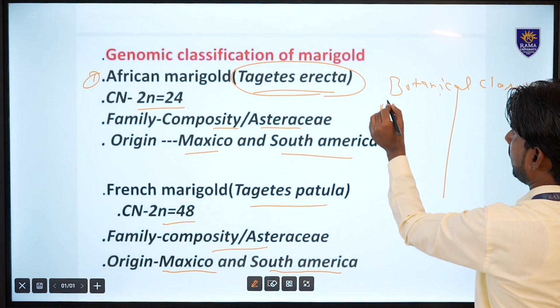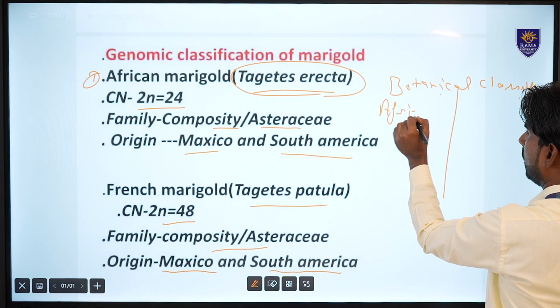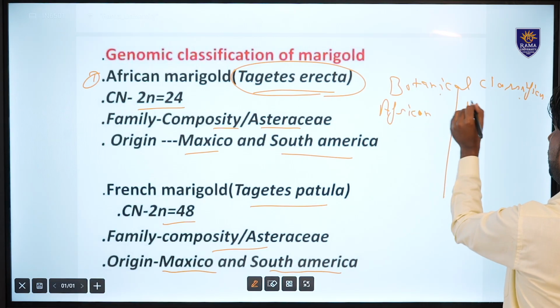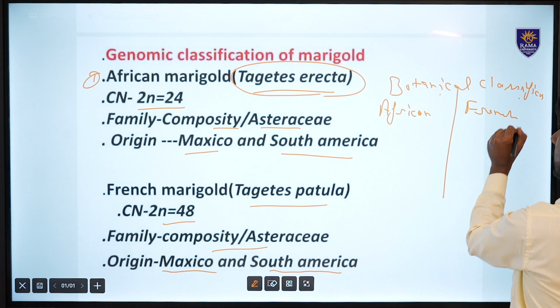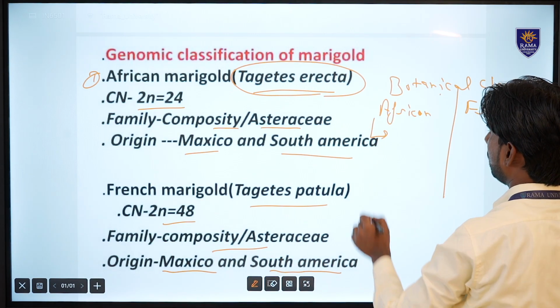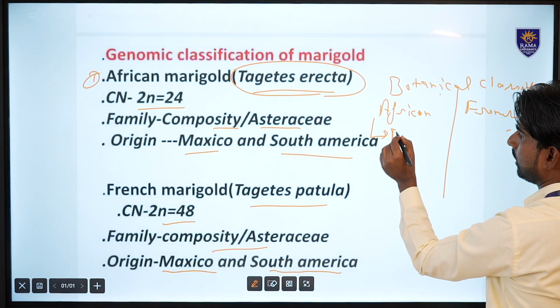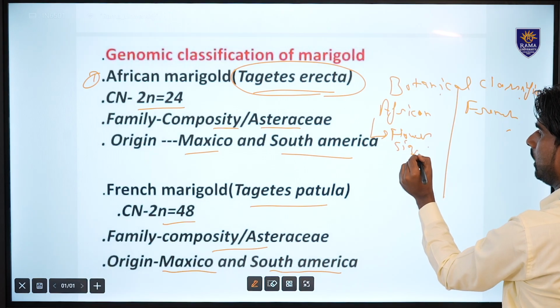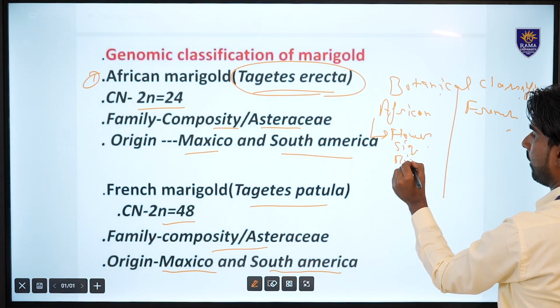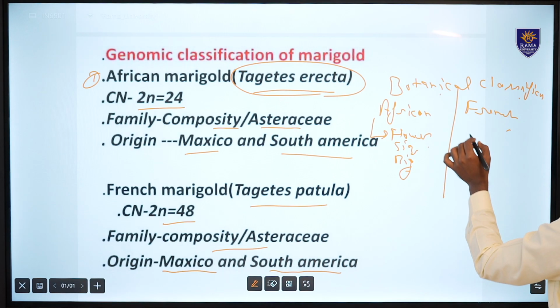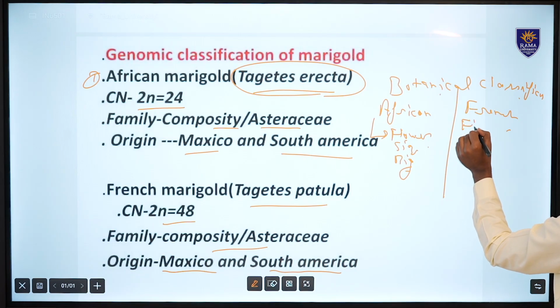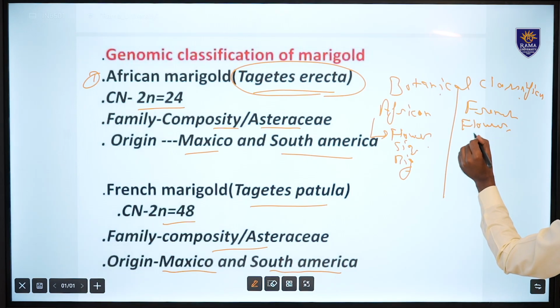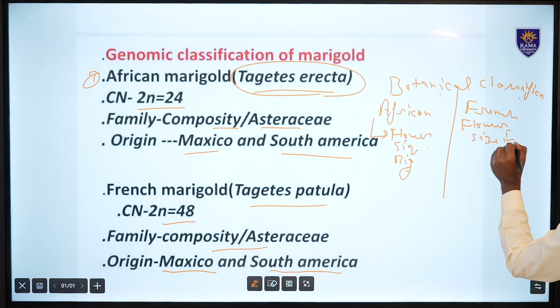Difference between African and French marigold. African marigold flower size is big, and French marigold flower size is small.